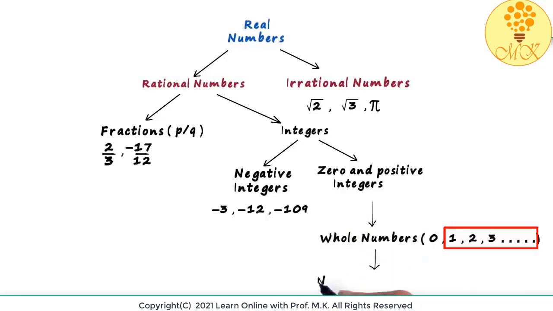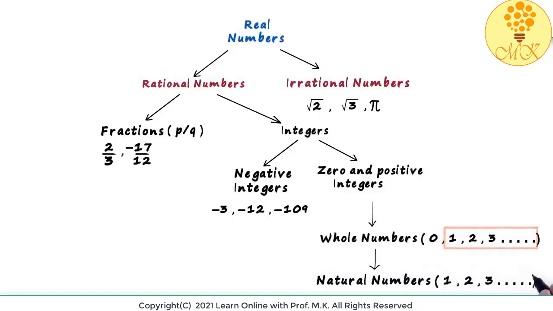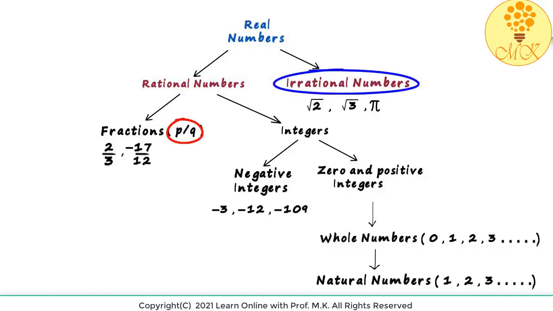They are called natural numbers, which include all positive integers starting from 1. So real numbers pretty much include all the numbers you've seen. All numbers which can be expressed as p by q are rational numbers, and also the ones which cannot be expressed as p by q are called irrational numbers.